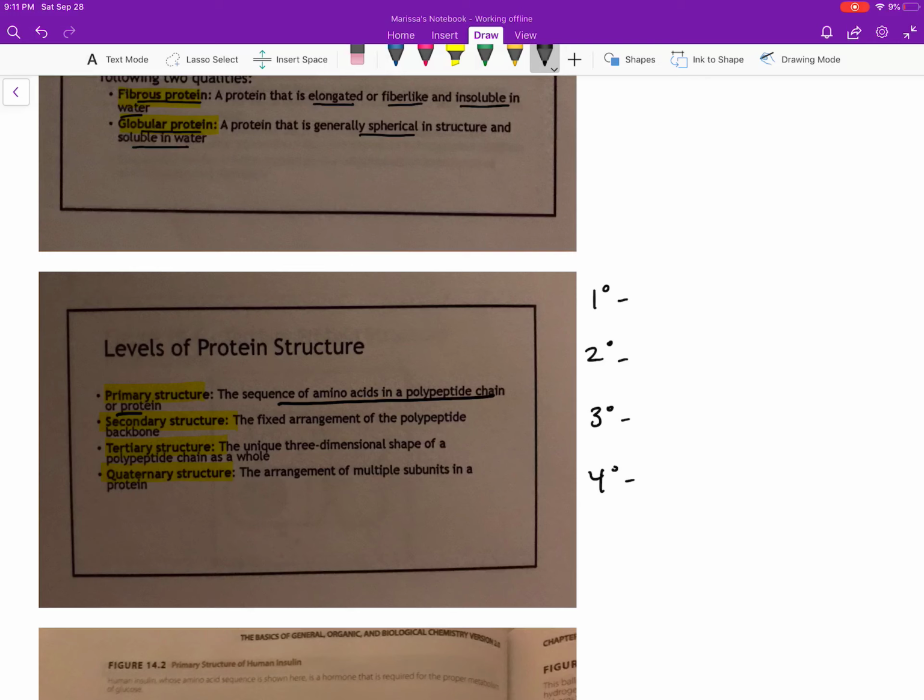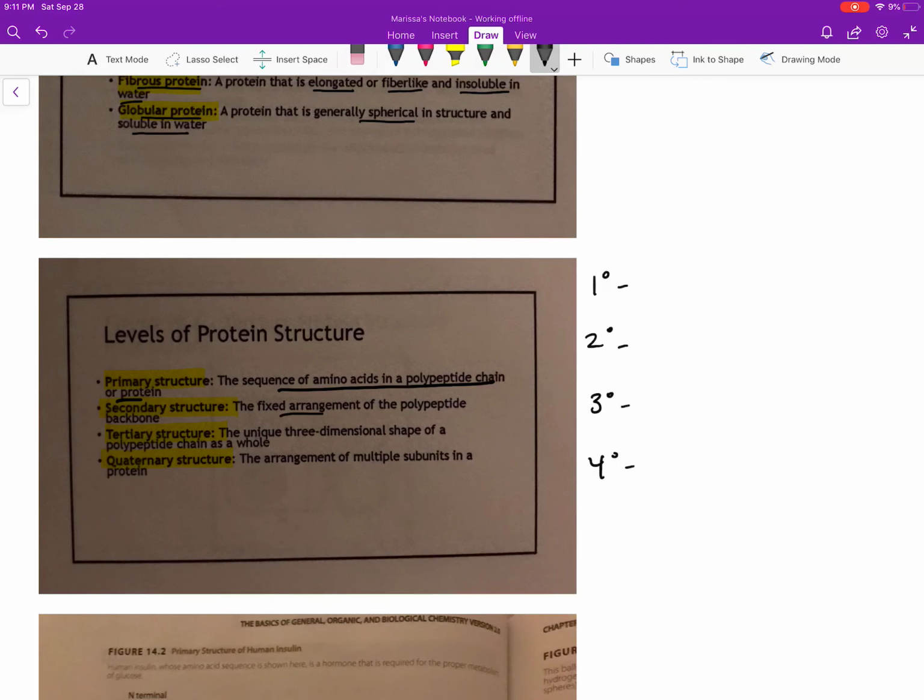So it's the sequence. The secondary is a fixed arrangement of the polypeptide backbone. The tertiary starts to get three-dimensional, is the unique three-dimensional shape of a polypeptide chain as a whole. And the quaternary structure is the arrangement of multiple subunits in a protein.